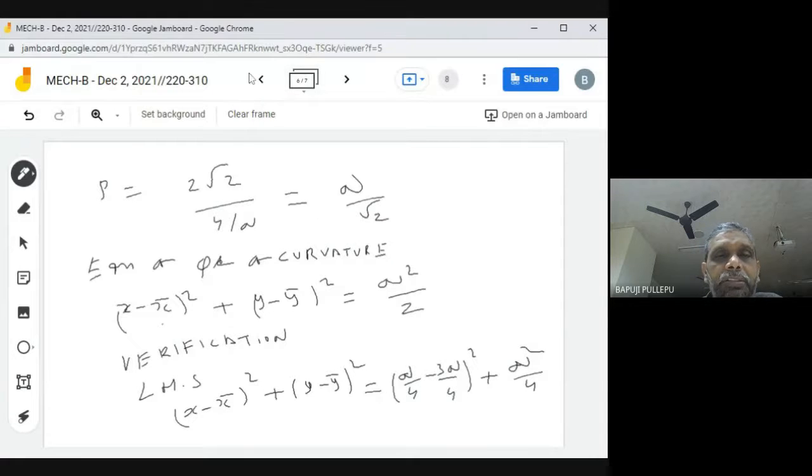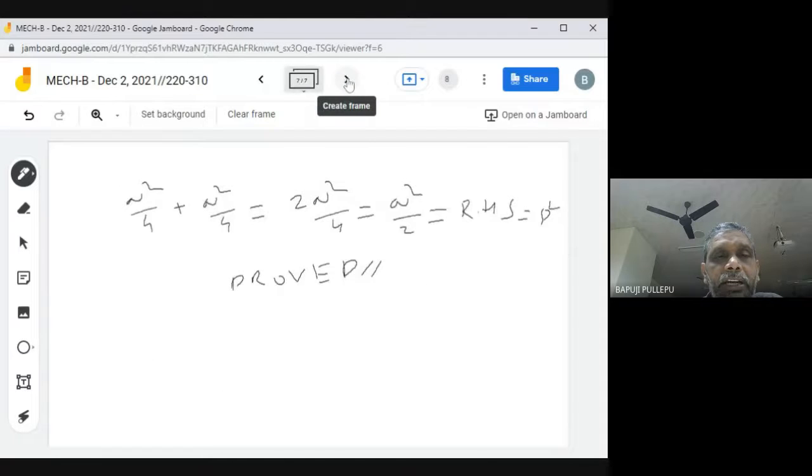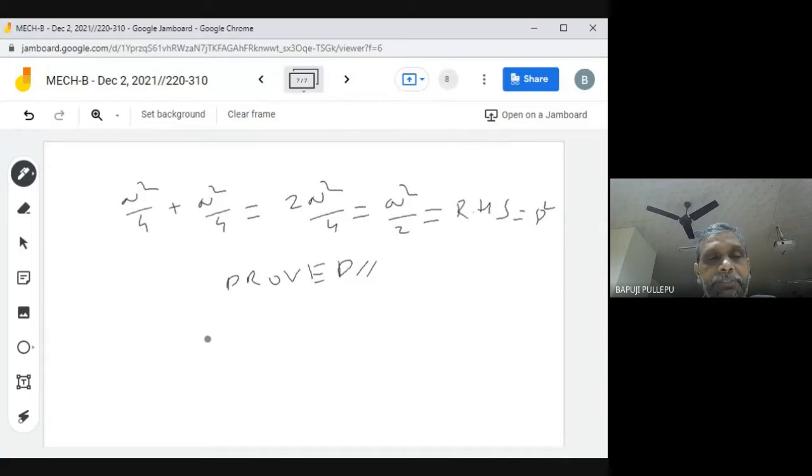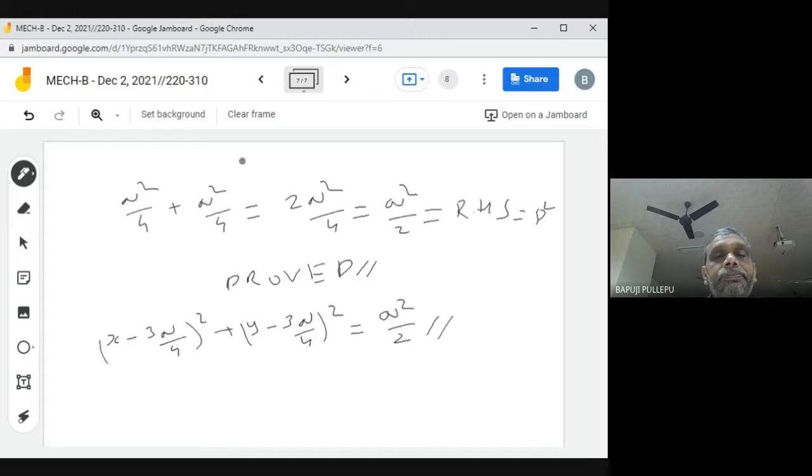If they ask for the equation, it is x minus 3a by 4 whole square plus ... This is the equation of the center of curvature, the circle of curvature. Verification also you can do.